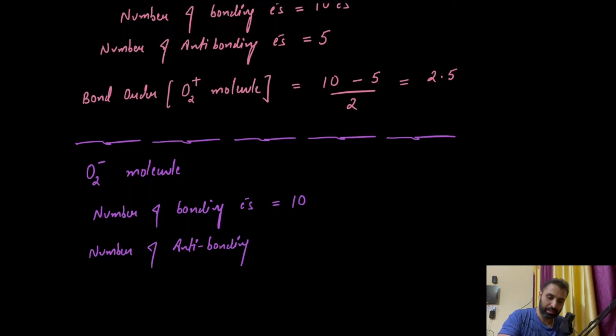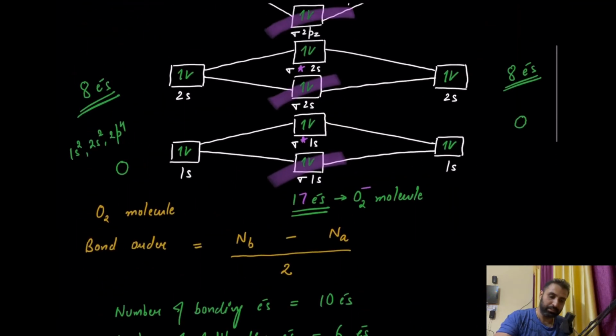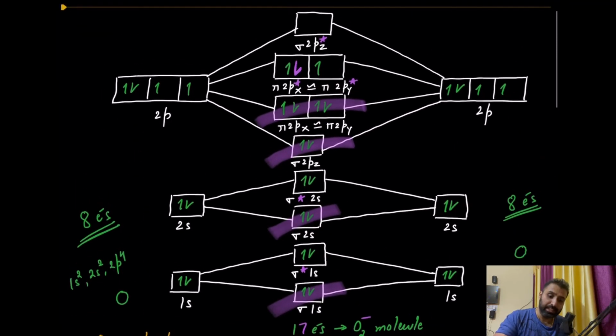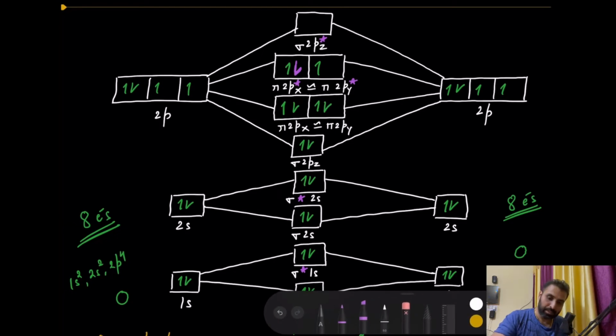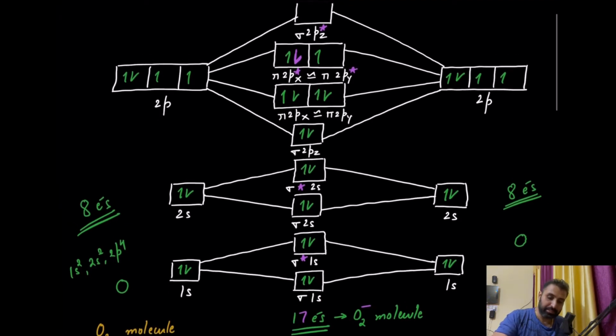Now let's count the number of anti-bonding electrons in O2 negative molecule. So that means we have to now count the number of electrons which are present in anti-bonding molecular orbitals, that is molecular orbitals which are having star sign over them. So, firstly sigma star 1s, which is having 2 electrons, then sigma star 2s, then 2 electrons, we got total of 4 now.